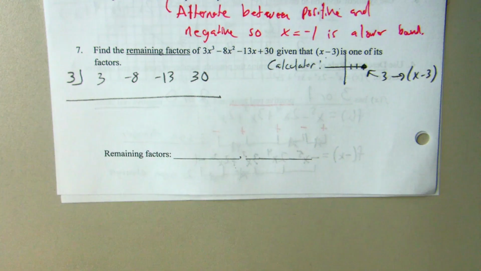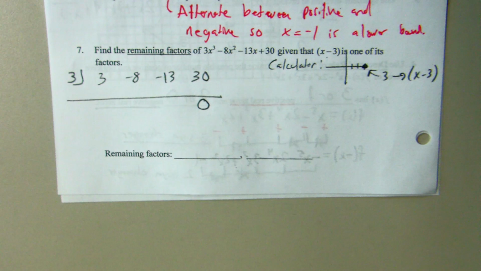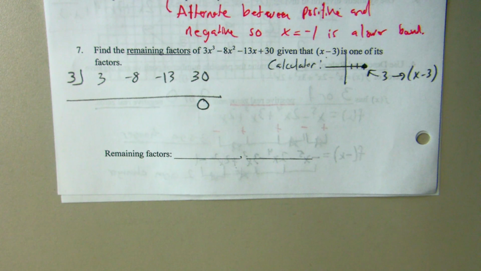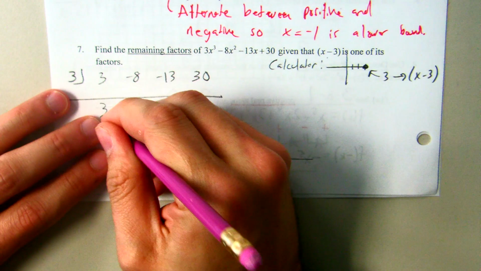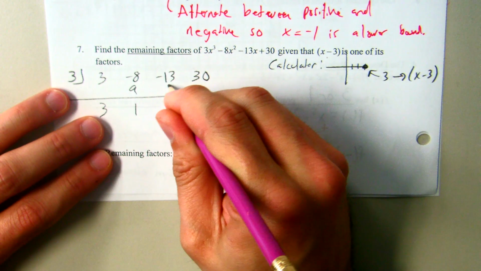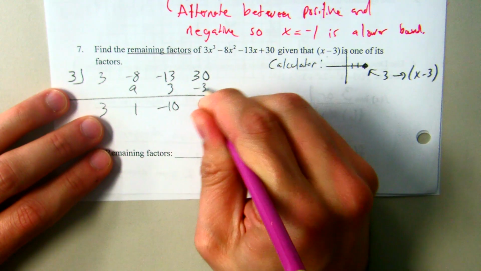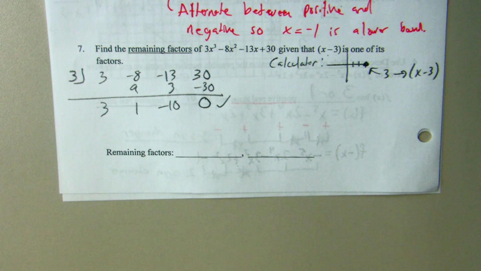And before I even do the synthetic division, what do I know is going to happen? The remainder better come out to 0. That's what it means for it to be a factor. So add down, multiply, add down, multiply, add down, multiply, the remainder is 0.